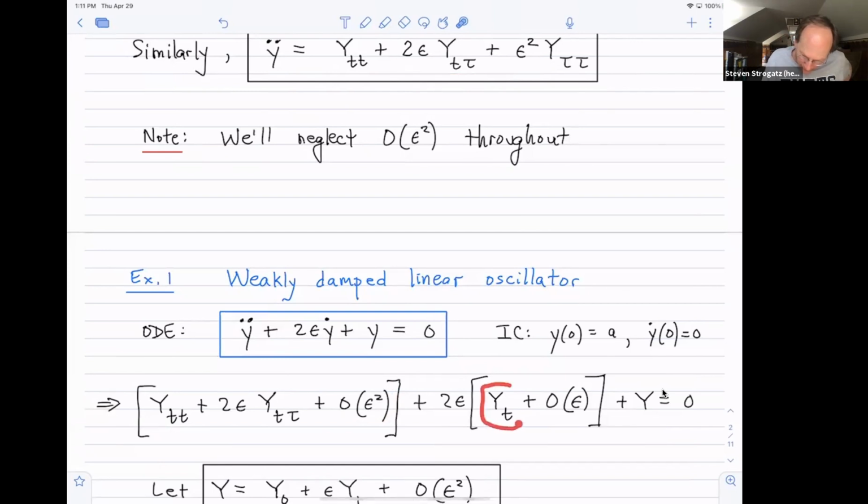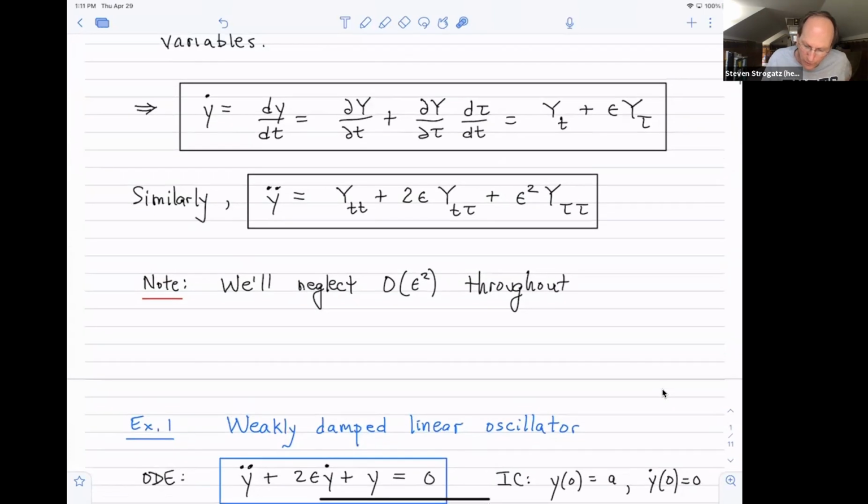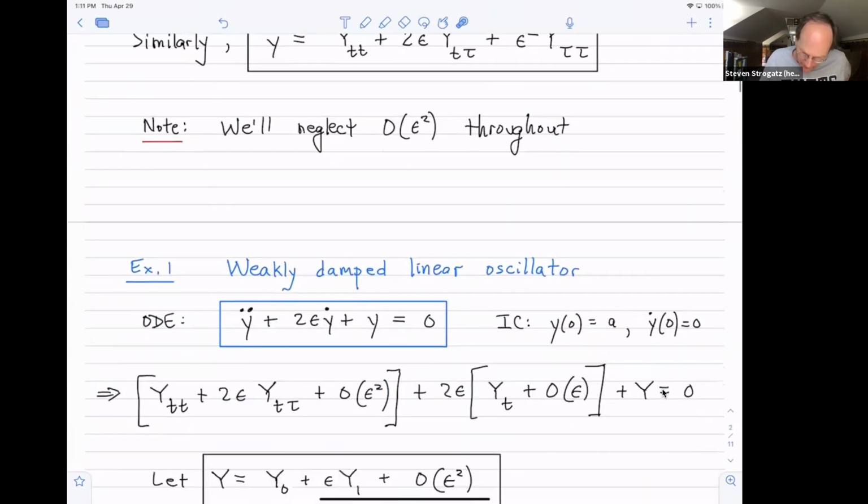I only need to keep a y_T term, just this term, because this epsilon term is itself being multiplied by an epsilon out front. So that would make order epsilon squared that we're ignoring. And finally, there's y itself coming from there. All right, so that's everything that we need.